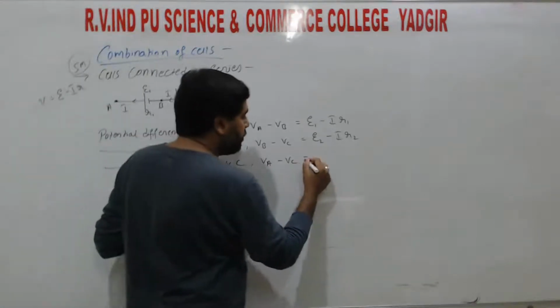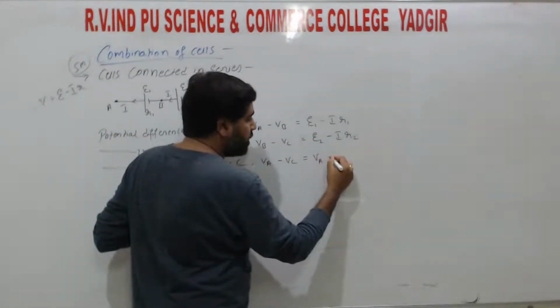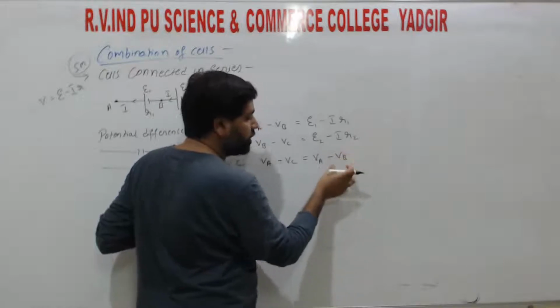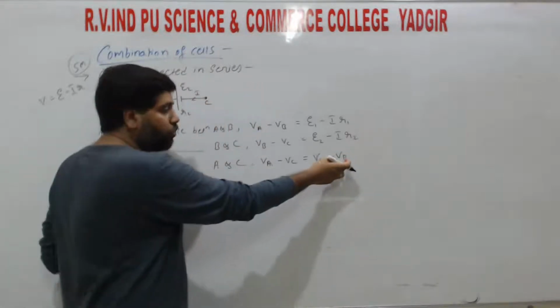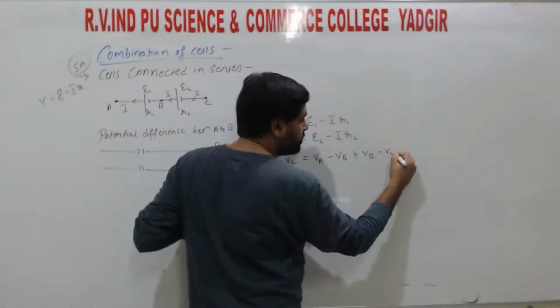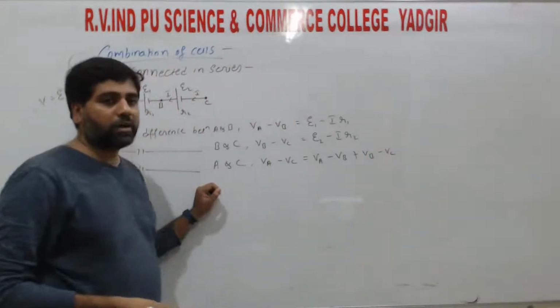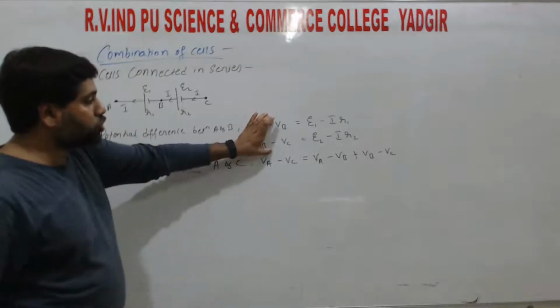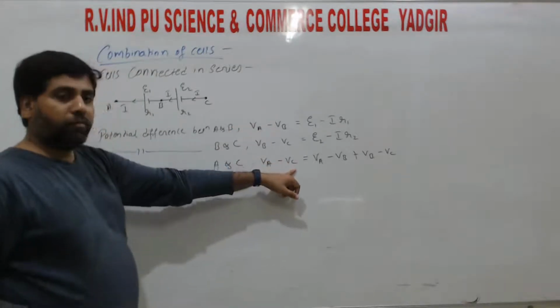So this we can write as VA minus VB. That means adding and subtracting the potential VB: VA minus VB plus VB minus VC, right? If we add these two, we get VA minus VC.